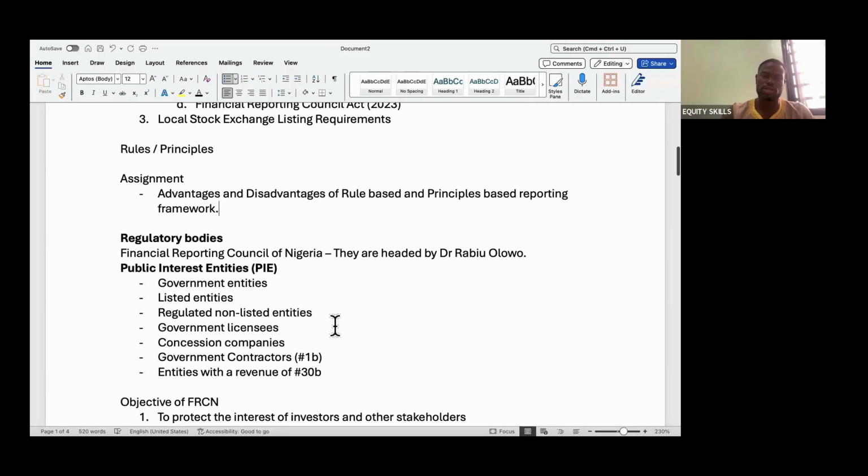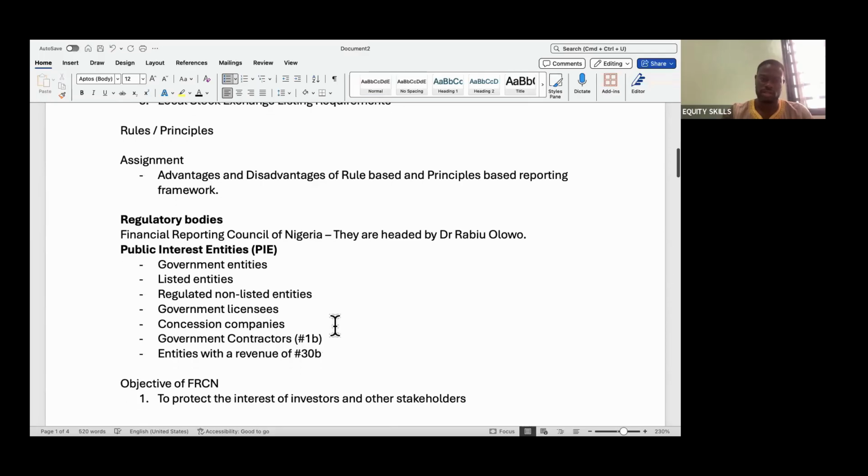Now, we then went on to the regulatory bodies. I told you that the regulator for reporting, for IFRS compliance and adoption in Nigeria, is the Financial Reporting Council of Nigeria, who is headed by Dr. Rabi Olowo.